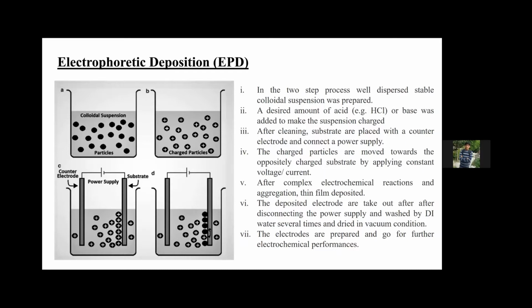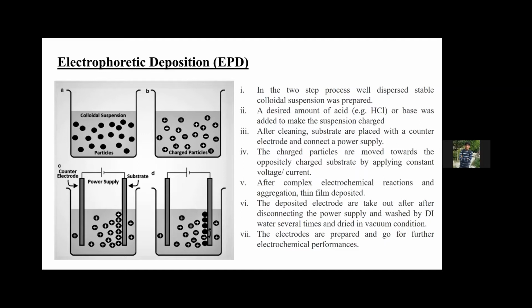After that, we use a power supply where we use platinum as a counter electrode, and our substrate, whether it is nickel foam or nickel foil or stainless steel or any other substrate that we can use.